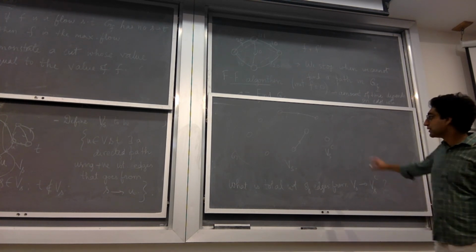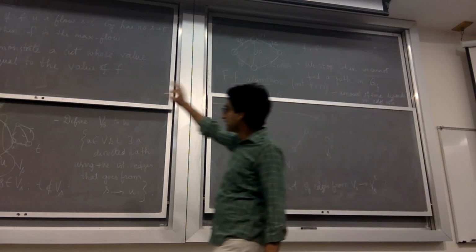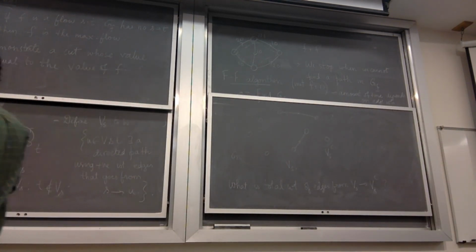Can you talk about this in terms of the flow f? Remember, V sub S was constructed using this residual which depended on f.